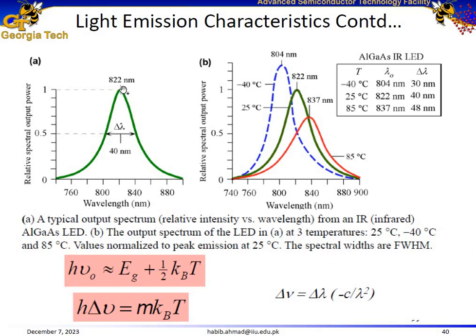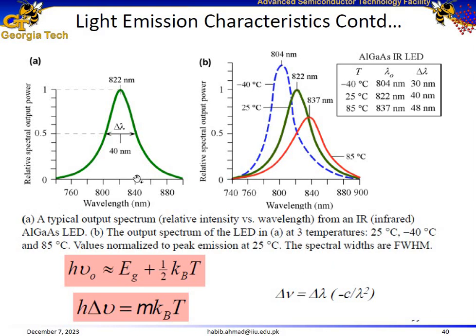At room temperature, its peak wavelength is 822 nanometers. But with increase in temperature, its peak wavelength increases to 837 nanometers. And with decrease in temperature to minus 40 degrees C, its peak wavelength decreases to 804 nanometers.